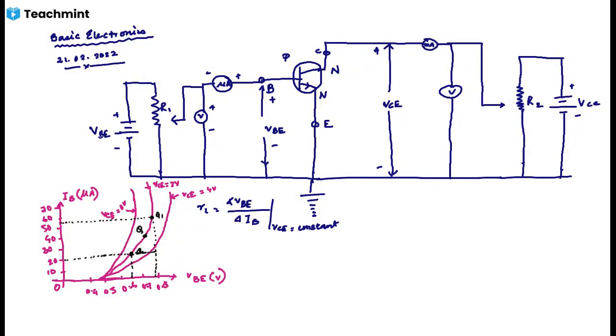Now I will point it. What is this? So this is delta VBE. And this is what? Delta IB.